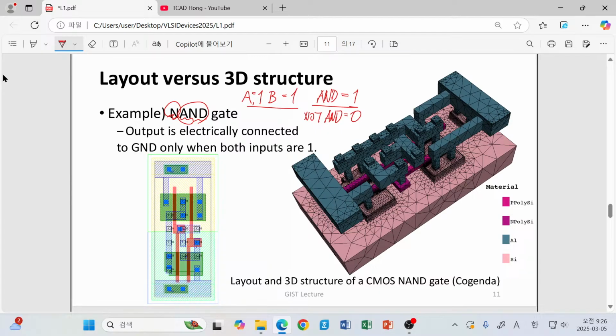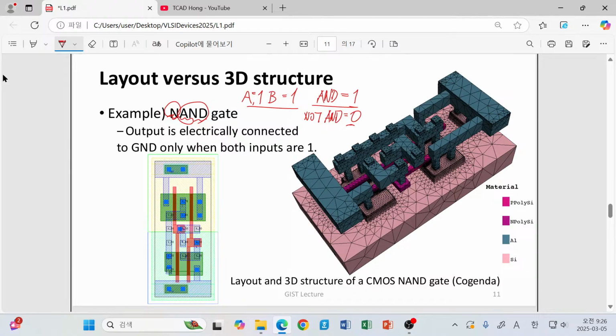Simply speaking, in this NAND gate, only when you supply VDD voltage to both of your input terminals, then you will have the output voltage close to 0.